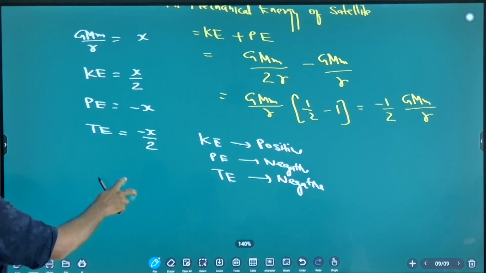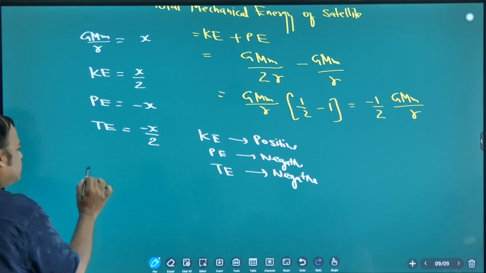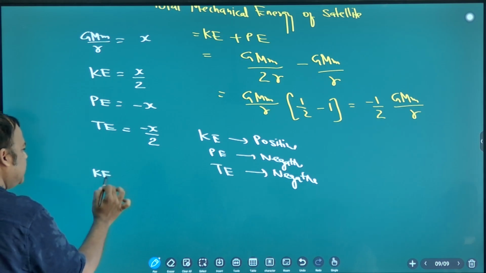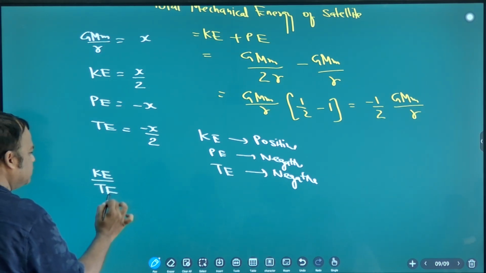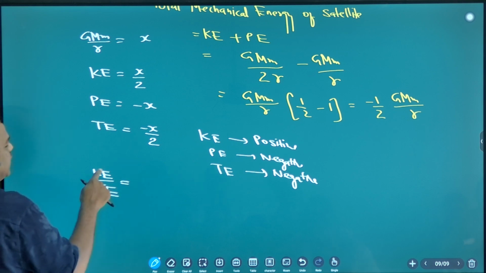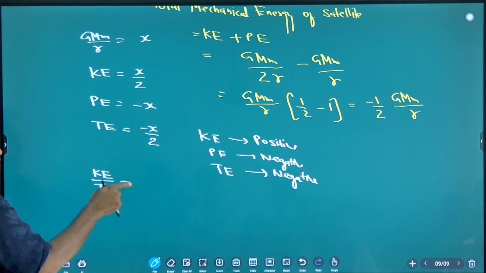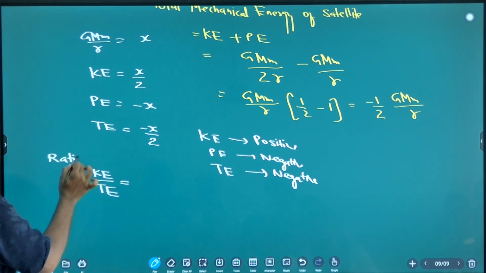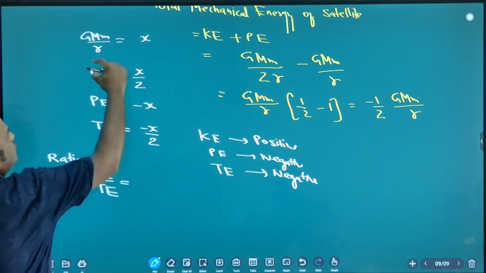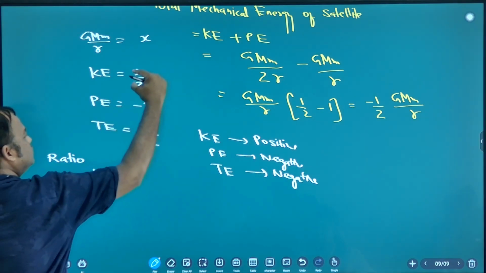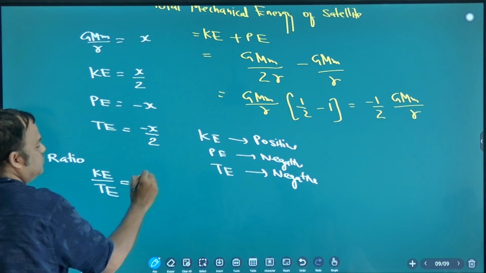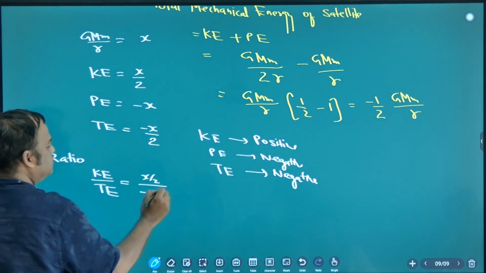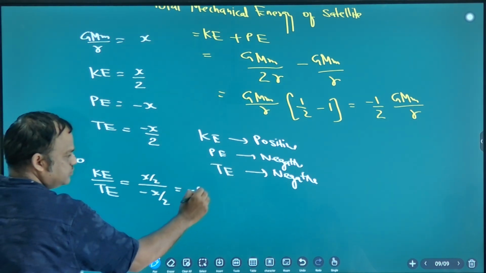Now you tell me the kinetic energy by total energy ratio. This by this: x by 2 divided by minus x by 2, so minus 1.